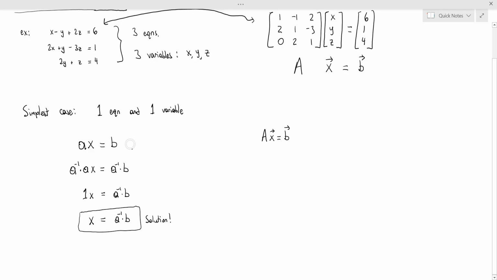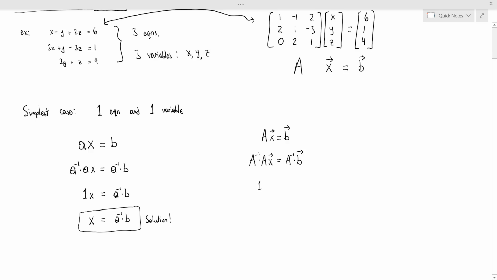So if we wanted to generalize this, we would need some notion of an inverse of a matrix A. And if we had such an inverse, we could multiply both sides by A inverse. Now, what happened here was A times A inverse gave us the number 1. So we'll need some kind of generalization of the number 1.